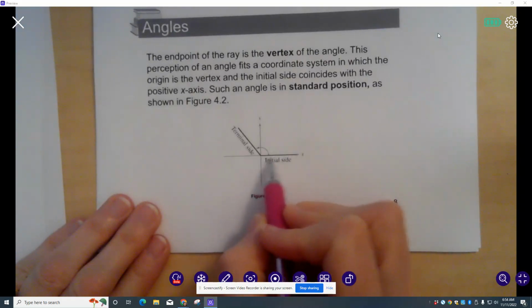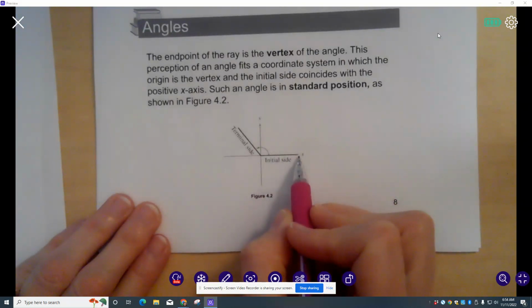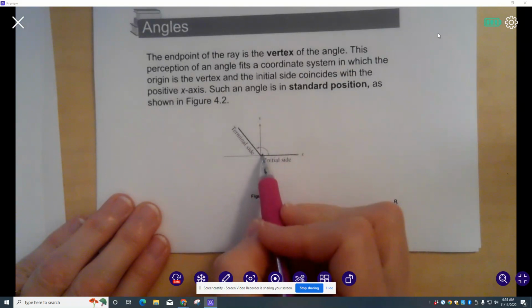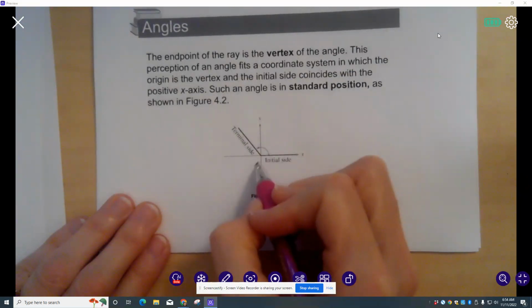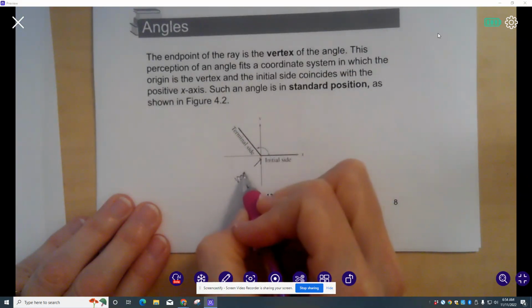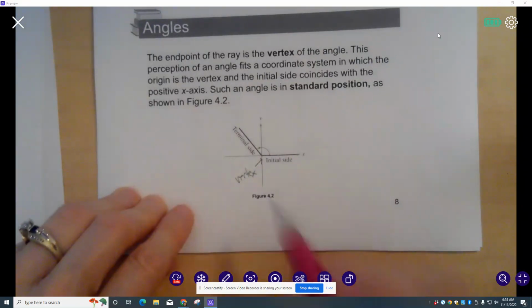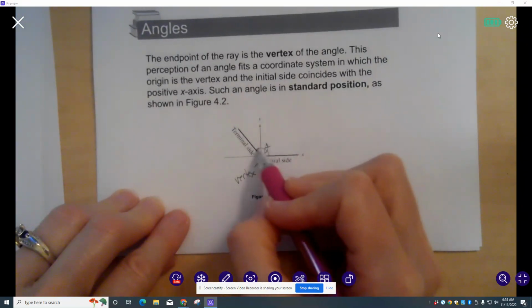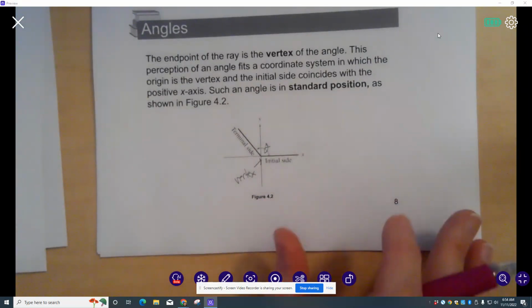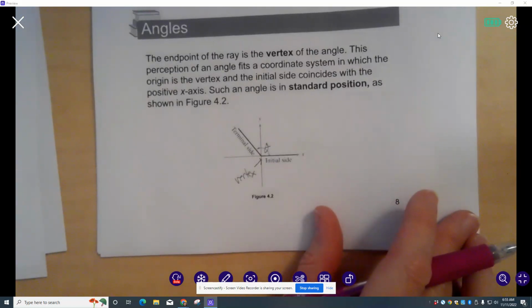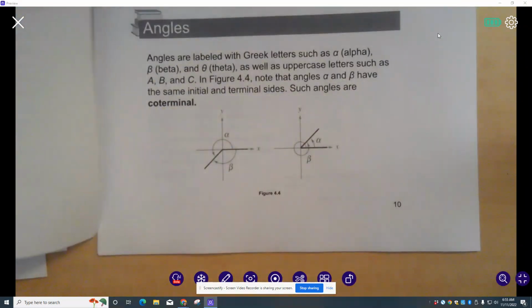This is always your initial side, the side along the x-axis, and where your angle ends is your terminal side. That point is the vertex, and the angle is right in here, which we often label with the Greek letter theta.